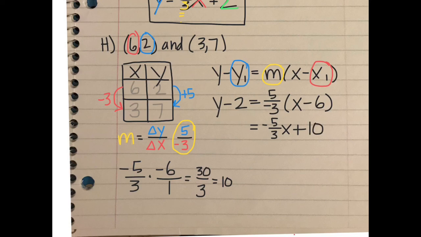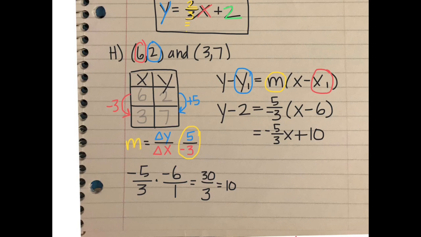And now I can come back and recopy what was on the left. Y minus 2. So the only thing left to get my equation looking like my goal equation is I've got to get rid of this negative 2 that's sitting here. And we know from our equation work that in order to get rid of a negative 2, I can add a positive 2 to this side, and I can add a positive 2 to this side.